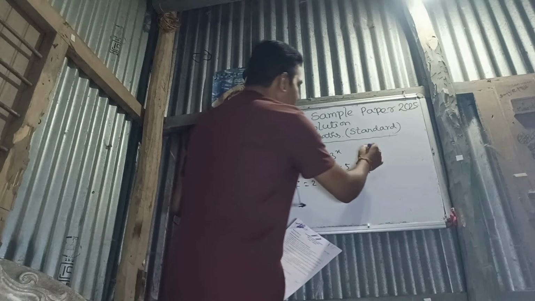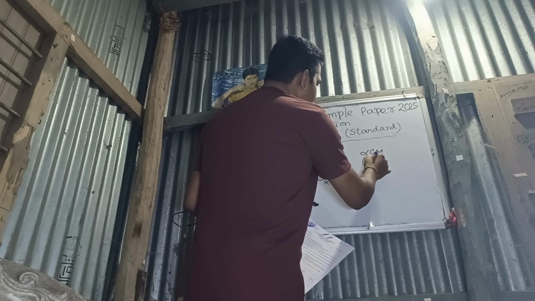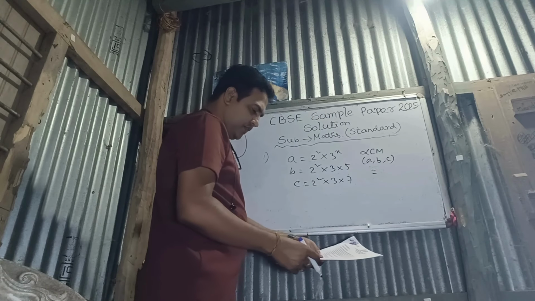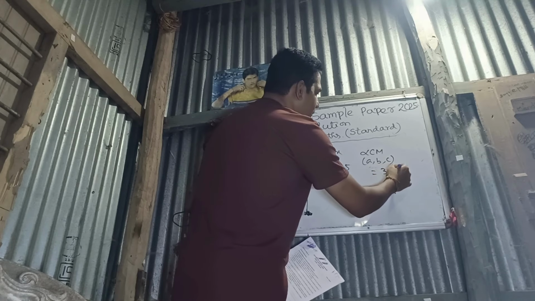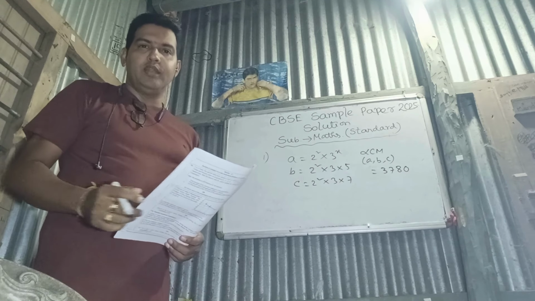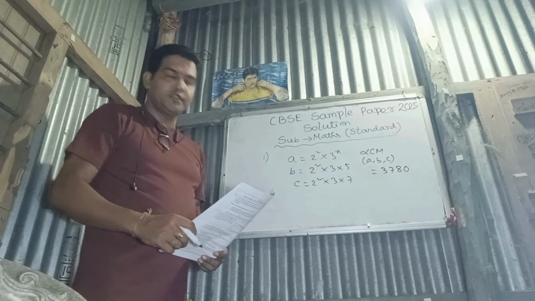The LCM of A, B, C is given as 3780. So what we need to do, we have to calculate the value of x from this particular question.